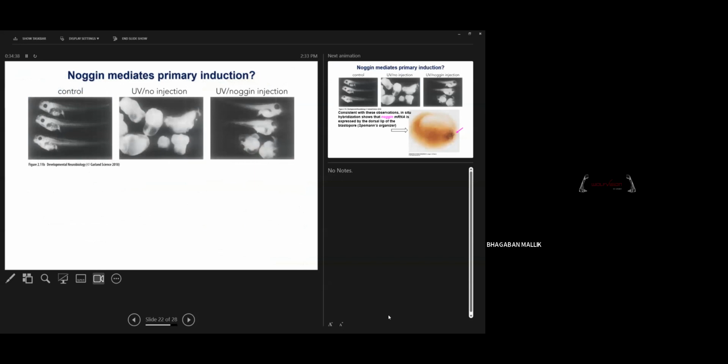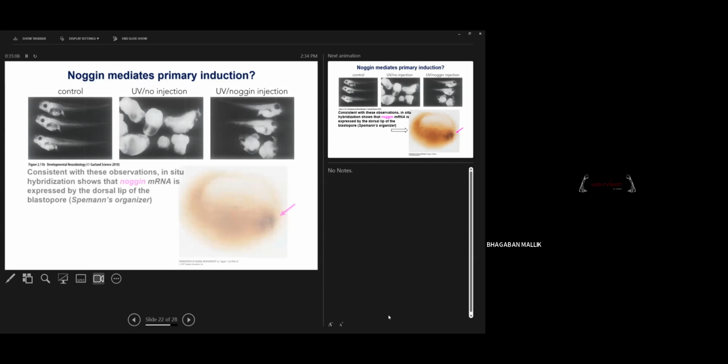These slides show that in the lab they have the control, and when they treated the embryo with UV, you can see that you don't have formation of the dorsal nervous tissue. But when they inject noggin mRNA or noggin cDNA, they found that it formed the dorsal nerve cord, and you also have formation of a kind of perfect, developed embryo.